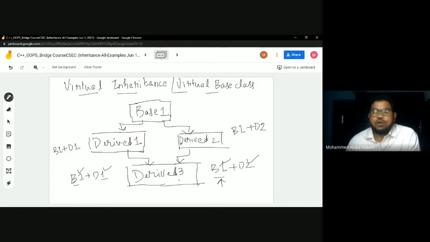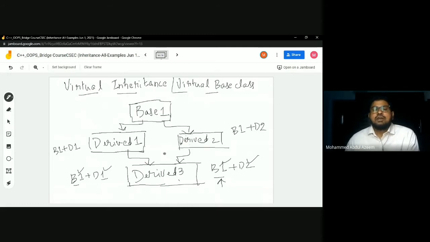Got it? That is said to be virtual inheritance. Either with the help of the virtual inheritance procedure or by declaring the base class as virtual, which will prevent more than one copy from reaching some of the derived classes. Correct. So we have two solutions to eliminate the duplicate copy of the base class at the derived class.